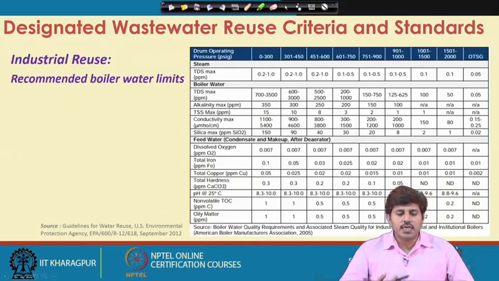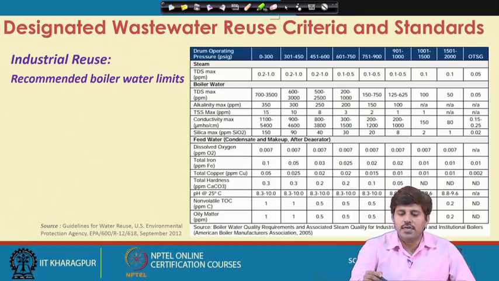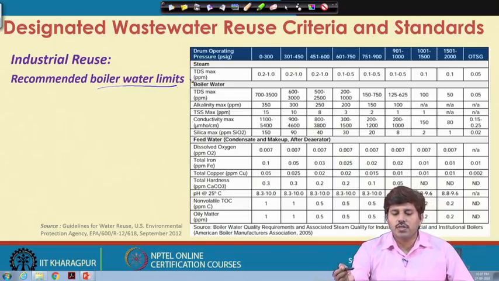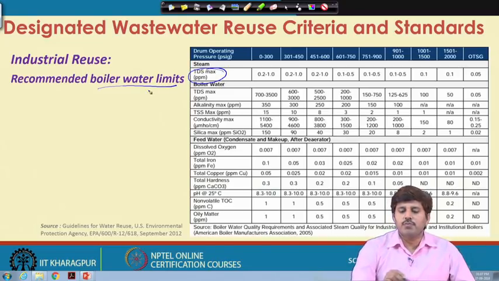There are industrial reuse options as well. For example, these are the recommended boiler water limits. If you want to put water in a boiler, TDS is one of the most important criteria.